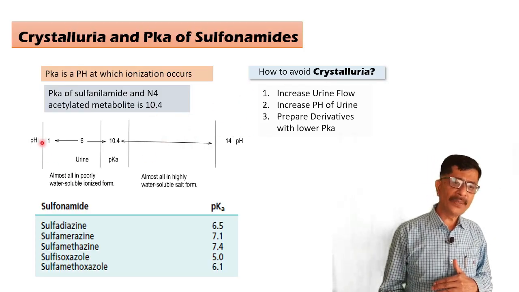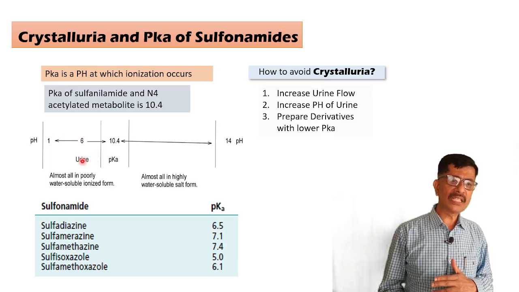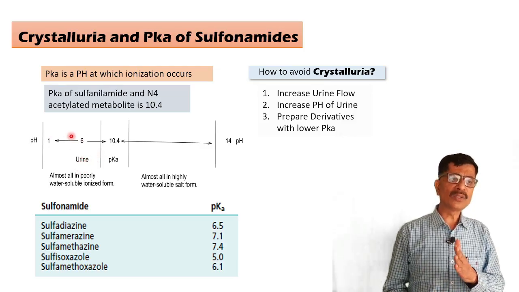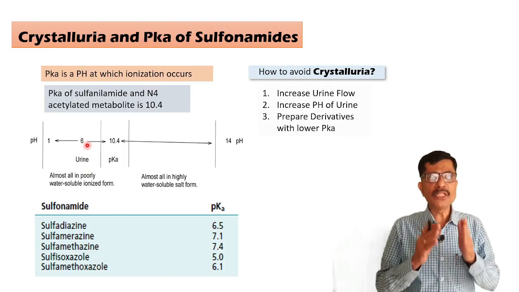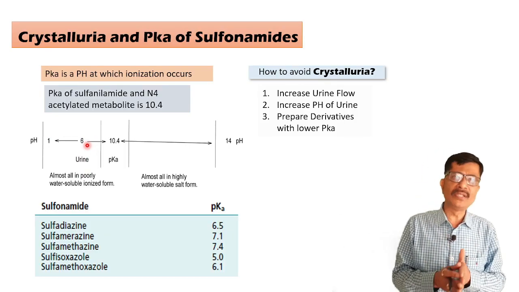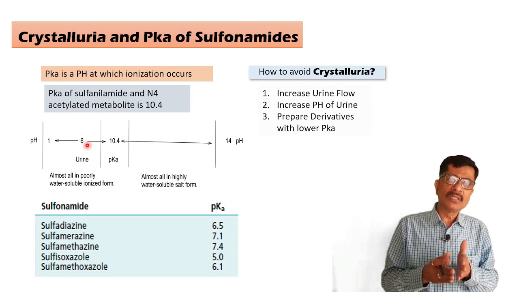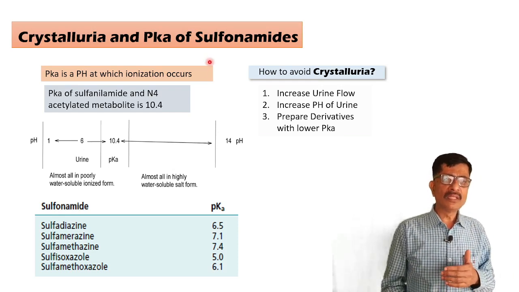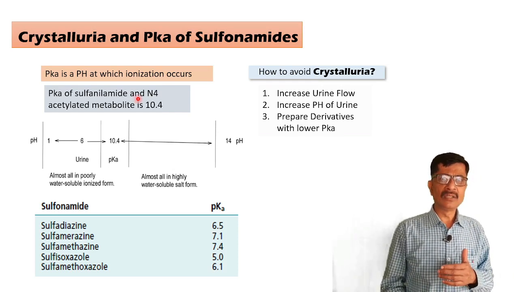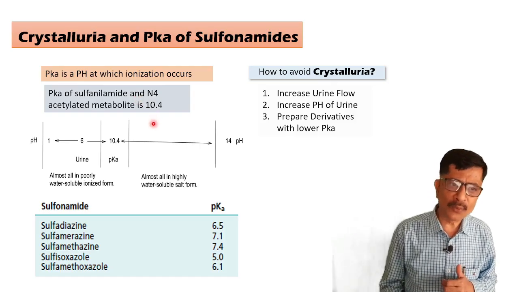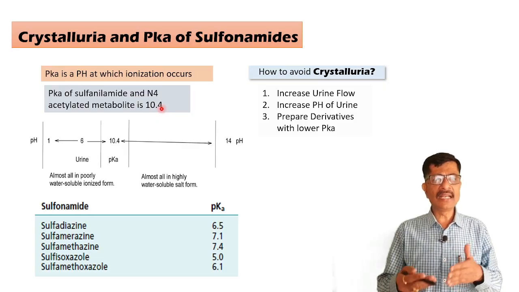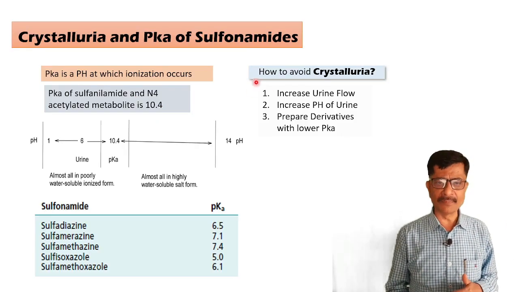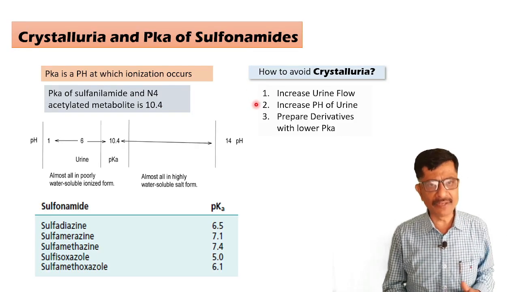But look at the pH of urine. The pH of urine is around 6 or below 6. So the pH of urine is not sufficient to cause solubilization of sulfonamides whose pKa value is 10.4, and it is not easily eliminated and it gets accumulated in the urinary system, and this is what is crystalluria.